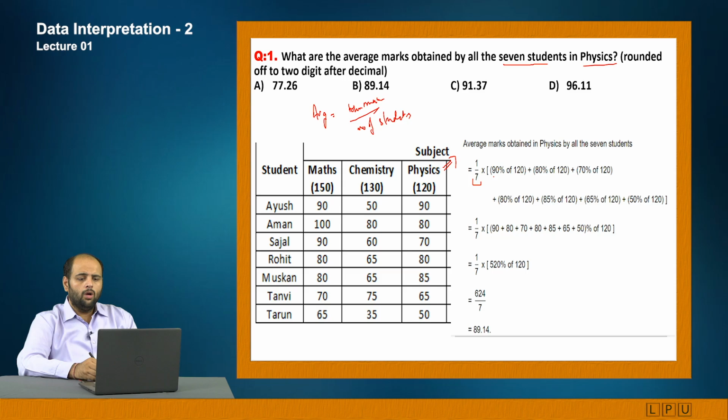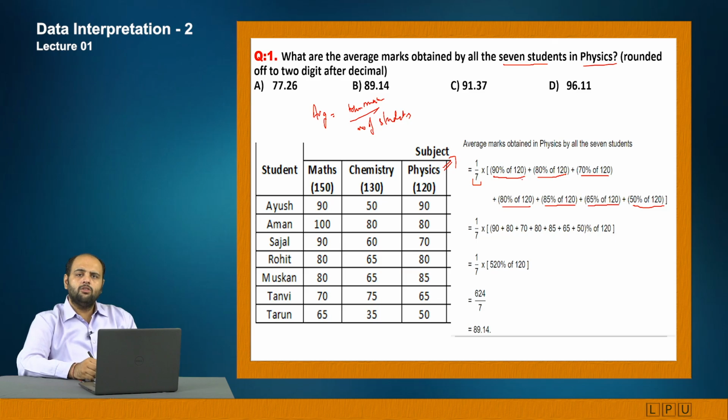So 1 upon 7. As the marks are in percentage, 90% of 120, then 80% of 120, then 70% of 120, then again 80%, then 85%, then 65% of 120 and plus 50% of 120. As you can see, we are calculating the percentage of only 120.